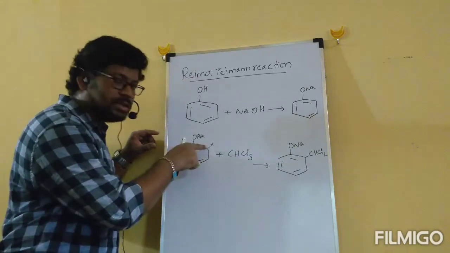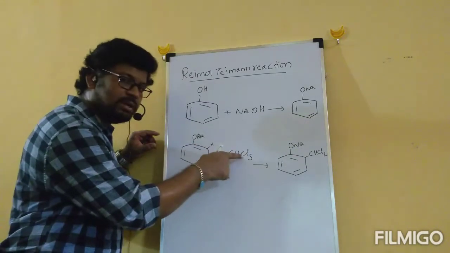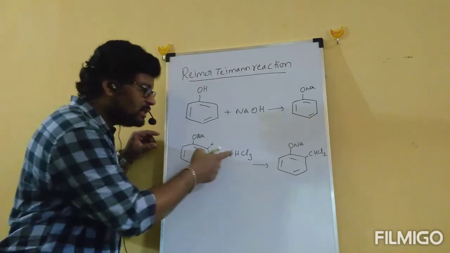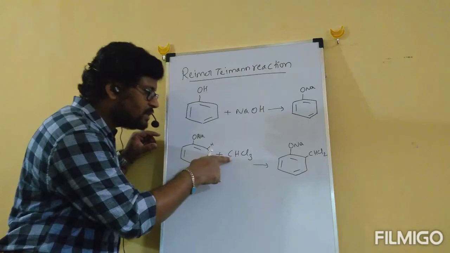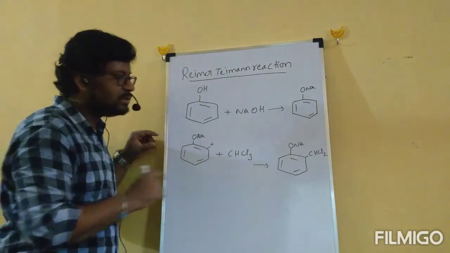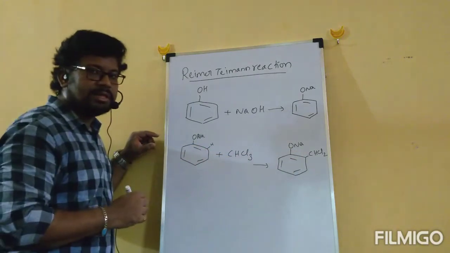Here in the ortho position we have hydrogen and the chlorine will be removed as HCl, and the CHCl2 carbon is going to be bonded to this ortho position and it will form this.